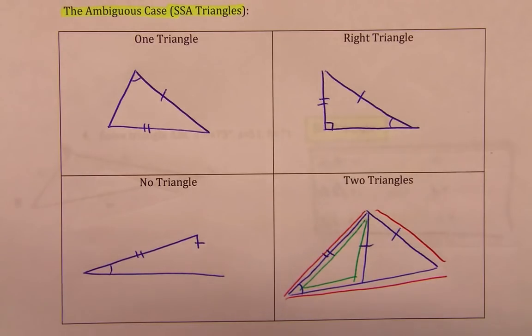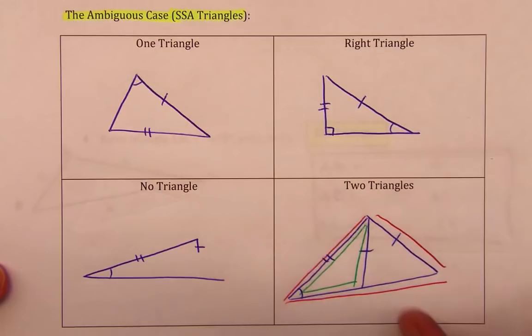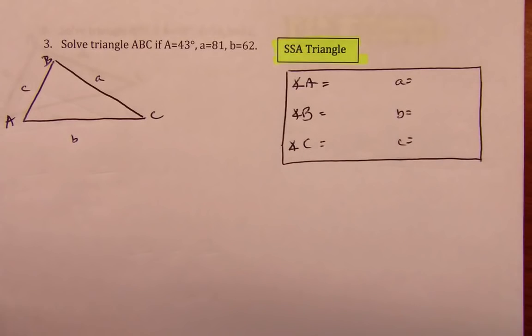Okay. Now, we're going to go ahead and move on to our next example and see what we have to do if we're given two sides and an angle that's not between the sides. So here's our first example. It says solve triangle ABC if A equals 43 degrees, a equals 81 and b equals 62.